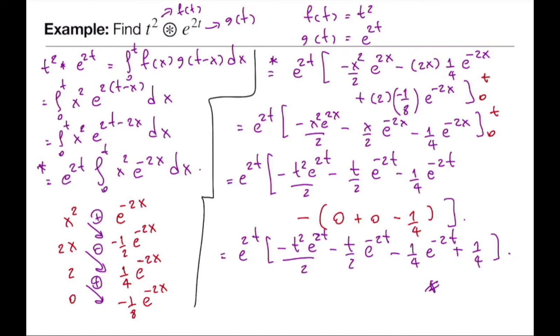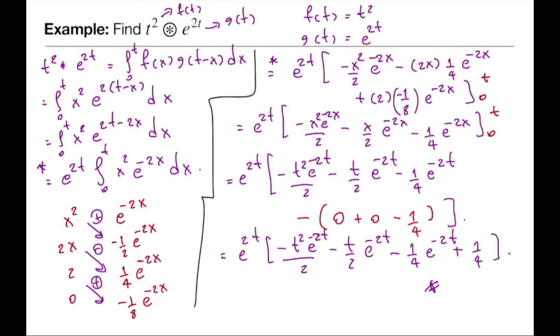Hope it is easy enough to understand. Oh guys, sorry, I have minus 1 here, got it. I can actually pull e to the minus 2t out, right? I think it's probably better to pull e to the minus 2t out.